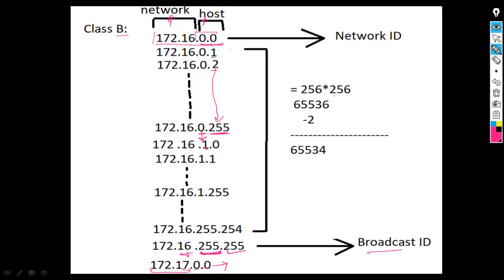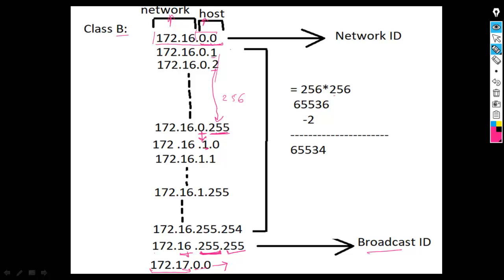So what will be the number of usable IPs for this network? We can use the IPs from 172.16.0.1 to 172.16.0.255, that is 256.